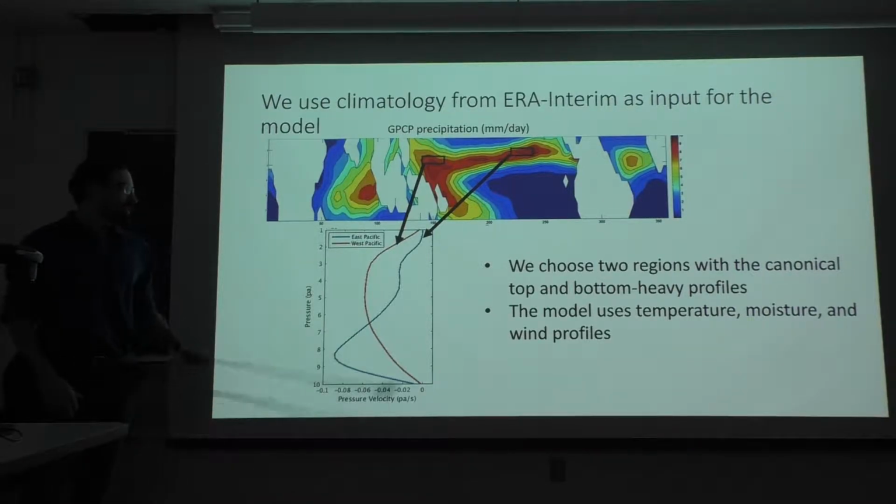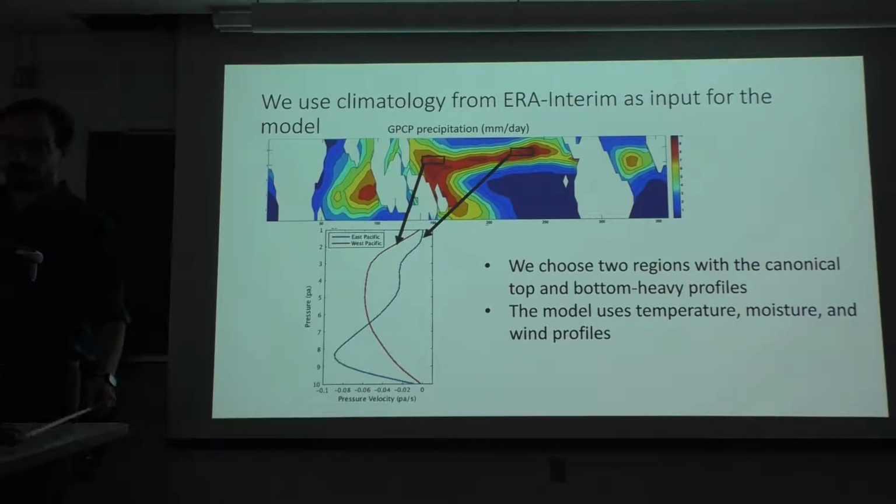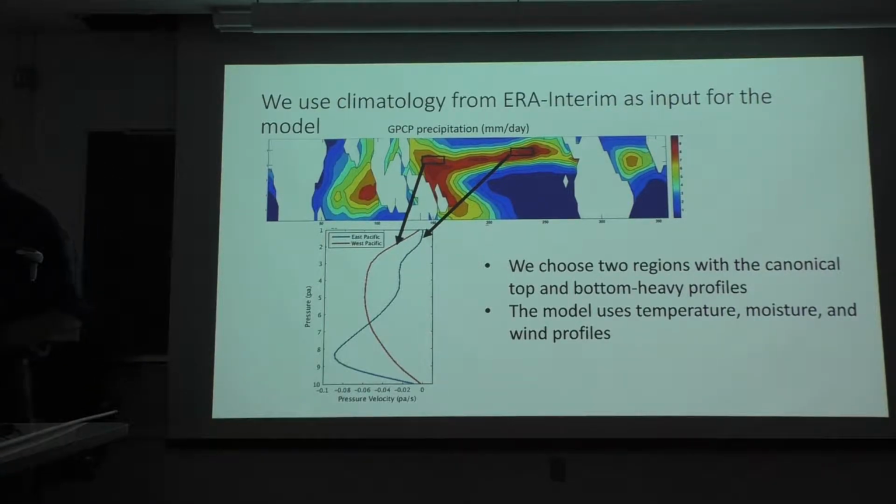From each of these regions, we take a 10-year climatology of the temperature profiles, the winds, the moisture, the horizontal moisture advection, and the sea surface temperatures. We then plug those all into our model and allow it to run to equilibrium with imposed vertical motion.